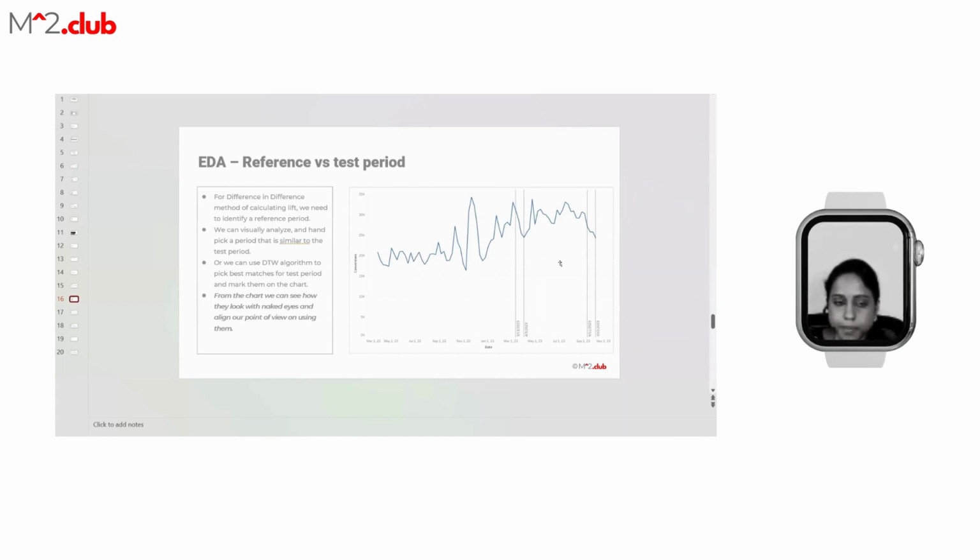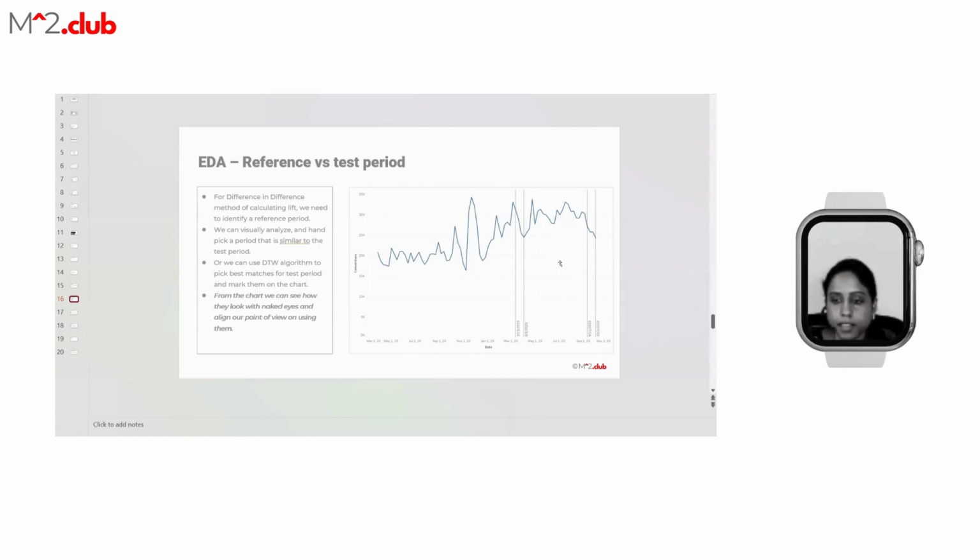There are different approaches we use to calculate the counterfactual value. One of those methods is the difference in difference method, and for that you need to identify a reference period, which is a pre-experiment period that we find to be similar to the test period. There are two ways of identifying the reference period.